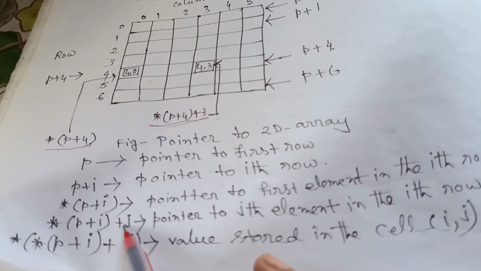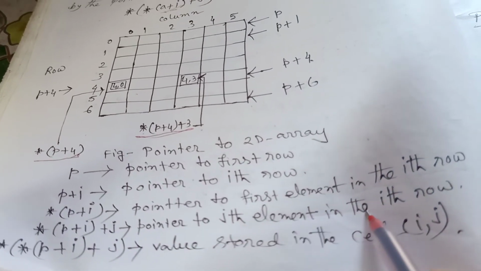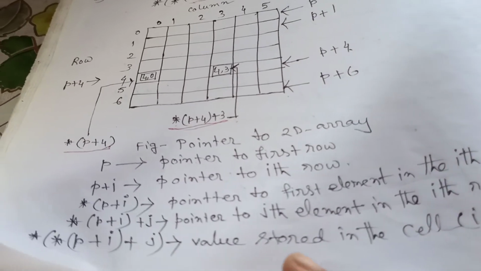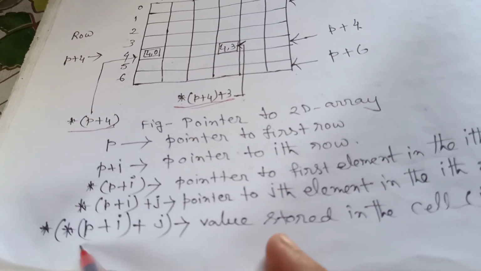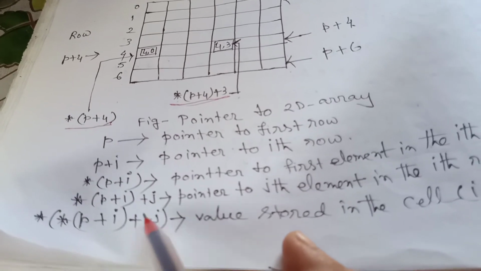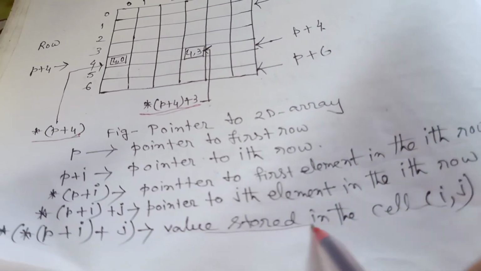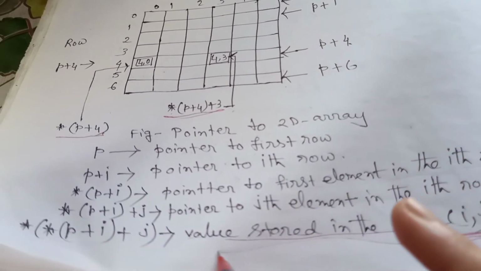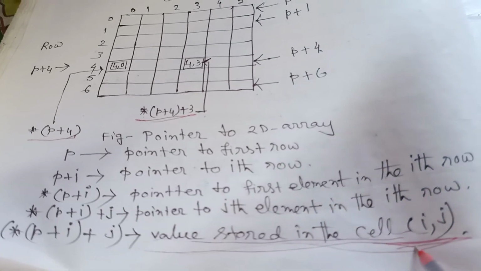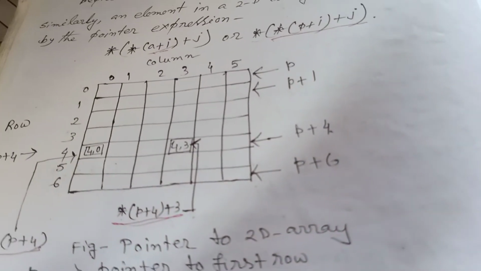Pointer p plus i plus j is the pointer to the jth element in the ith row. So in this way pointer p plus i plus j gives the value stored in the cell ij. So in this way a pointer can access the value of cell ij. Okay, so let's take an example to make it clear.